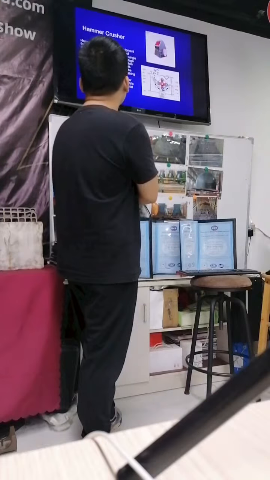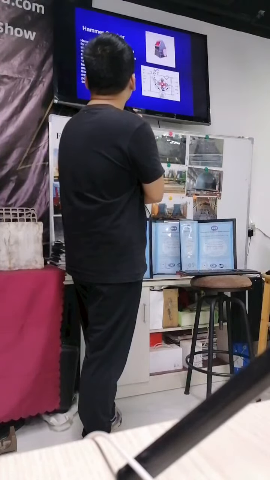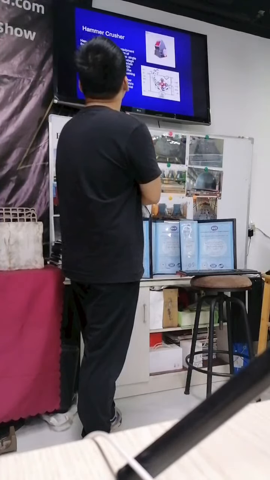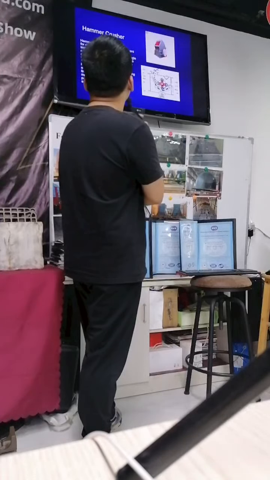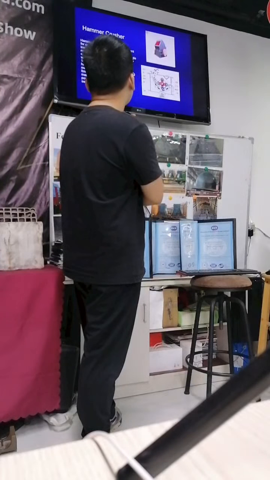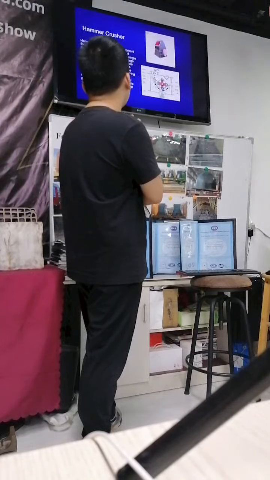It is a one-stage crusher that directly crushes materials with a maximum particle size of 600 to 1,800 millimeters to 25 millimeters or below.